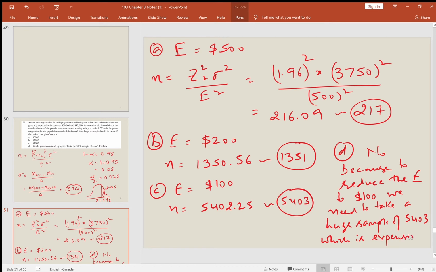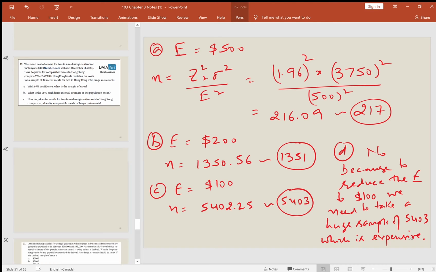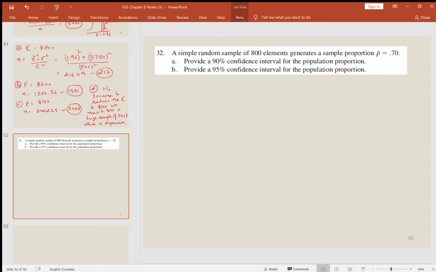So we might just trade off and say, well, we are okay with a higher margin of error, which requires us to take a lower sample size. So maybe either part A or part B, right? That will just depend on the objective of our study. Okay, so let's move to question number 32 now.